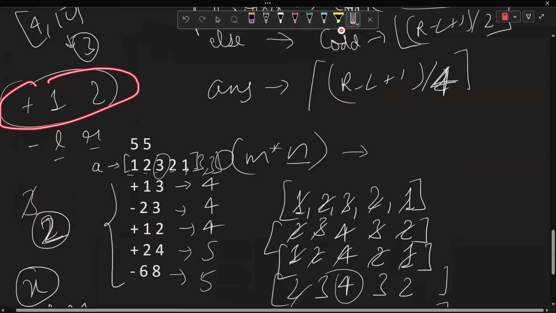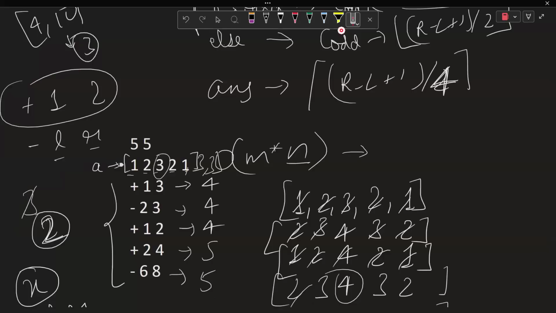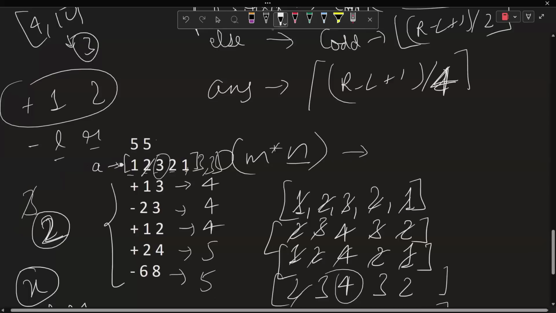If 3 was not in the range L to R, then what would happen? At max, the range is 1 to 2, and this 2 would get incremented to 3. It would never cross 3. So 3 would remain your maximum value. And if there was some minus operation on some different range, it would get decremented. Your 3 would remain your maximum value.